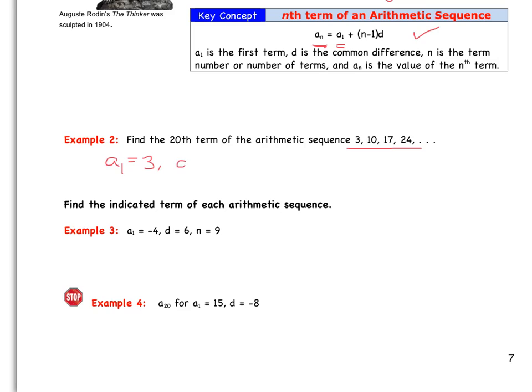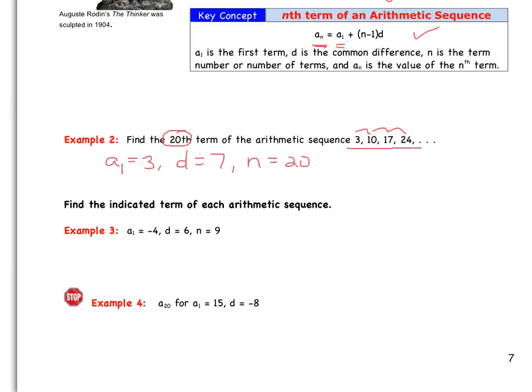The common difference, hopefully you see, is 7. We're adding 7, adding 7, adding 7 every single time. And since we are seeking the 20th term, n, the number of terms, is equal to 20.